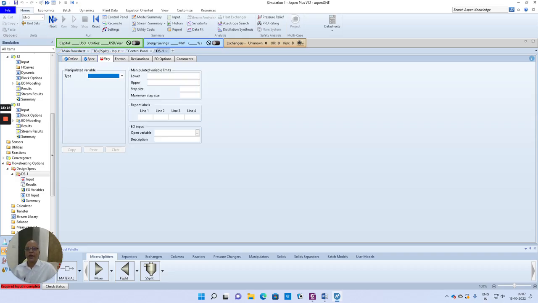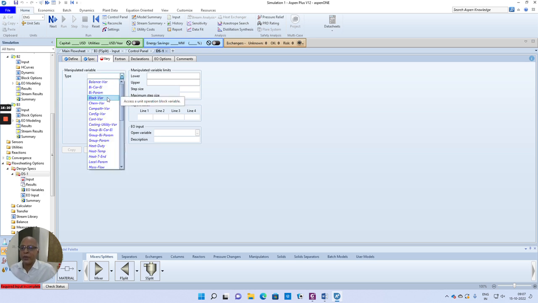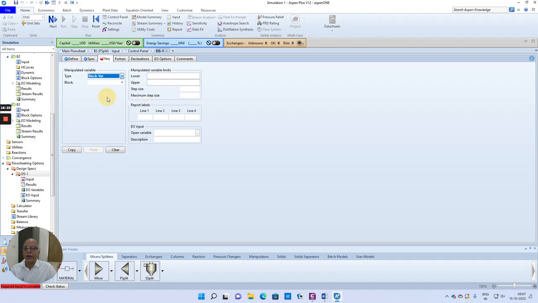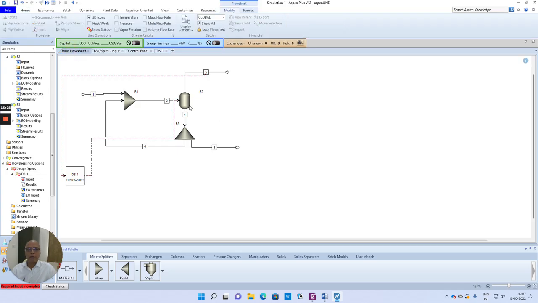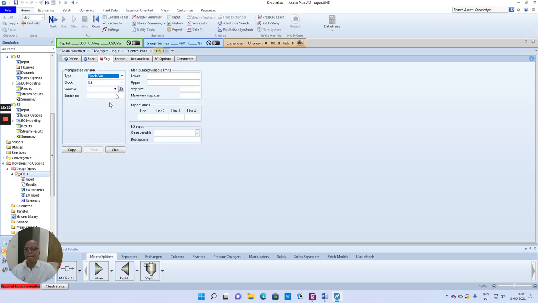What is it that you are trying to vary? So this is a block variable because we wanted to vary the temperature at which the flash column must operate. So block is the flash, I think it is B2. Flash column is B2. Then the variable is the temperature in degrees Fahrenheit.